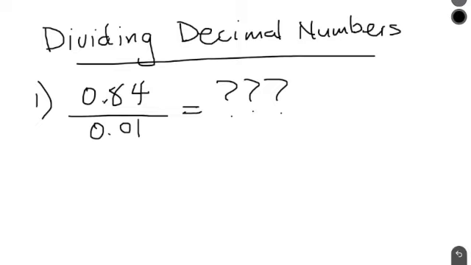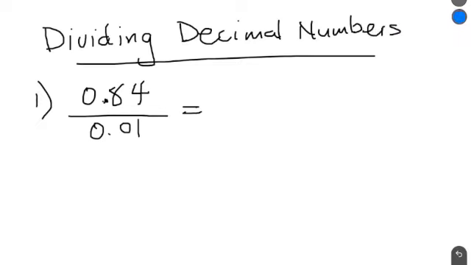So we're going to go over that, and I'll show you how to proceed, or the steps that you need to take in actually solving that problem. So why don't we take that problem that we have now, 0.084 divided by 0.001.